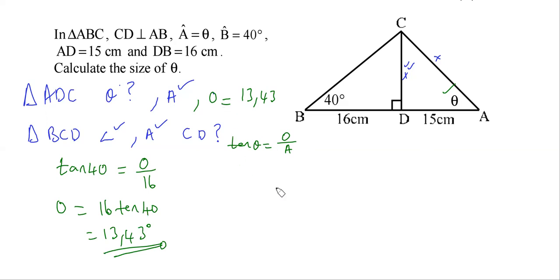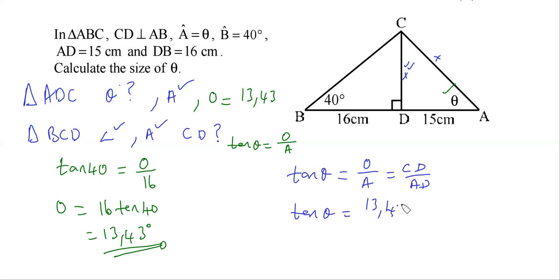Tan theta is equal to CD, which is our opposite, over adjacent, which is AD. So tan theta is equal to 13,43 over 15.